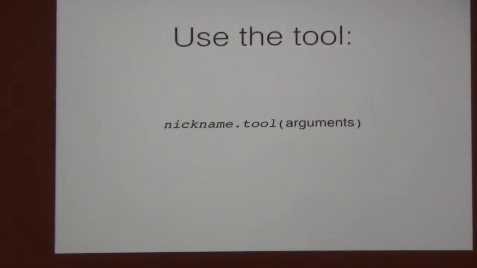And then you use the tool, and there's this dot notation. You've already used a little of it in your homework with the append function. Basically, you use the nickname of the toolbox, or in other cases it'll be your data variable. You name the tool after the dot, and then you give the tool certain arguments: a file name, numerical values, a variable, whatever it is. All right, so that's what we're going to do.